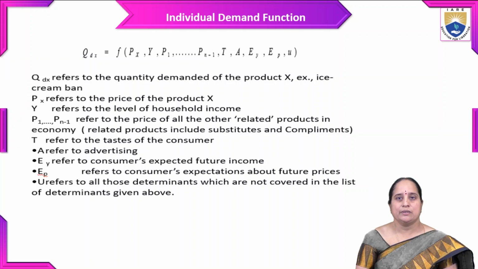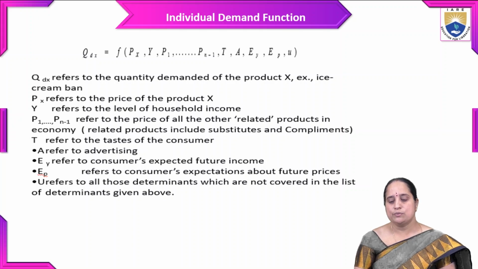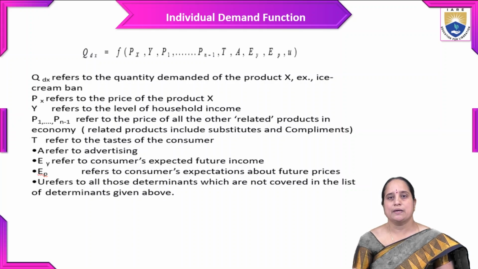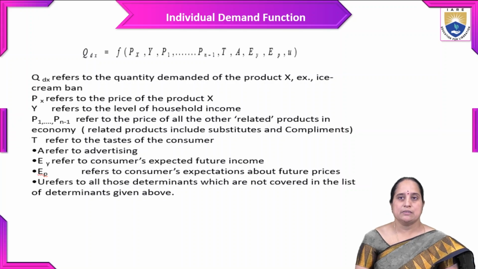So here we are talking about the prices of related products, including substitute goods and complementary goods together. T refers to the taste of the consumer, A refers to advertising, EY refers to the consumer's expected future income.